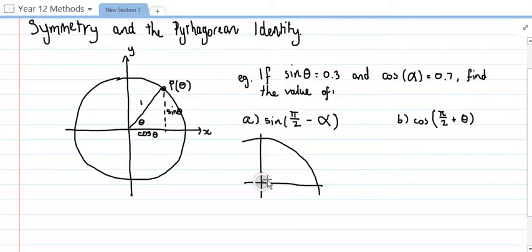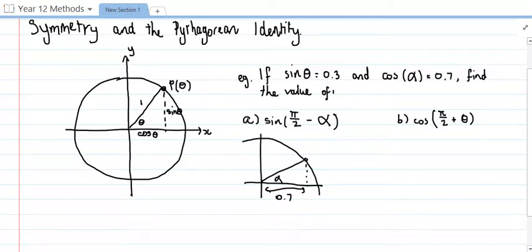I can draw to a point on the circle somewhere, maybe here, which has a horizontal component of 0.7. So this angle that I've turned through here is alpha.